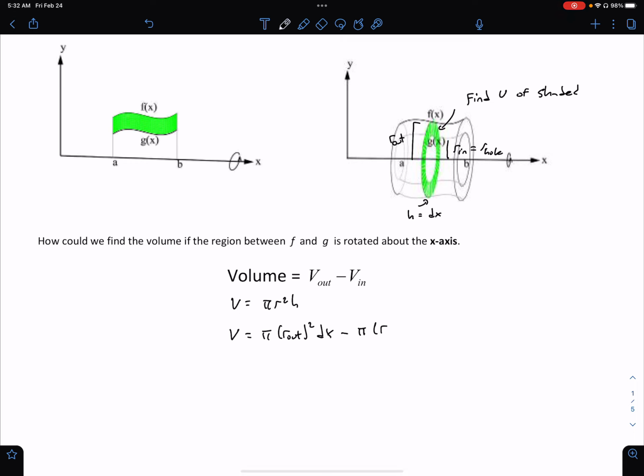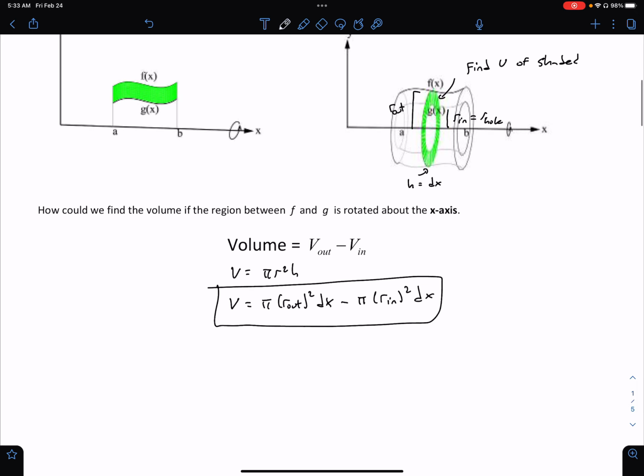And that's going to be pi times the radius of the inside function squared, again dx. And this is our little rule for today. And of course, we would integrate these. And this is going to be our form.